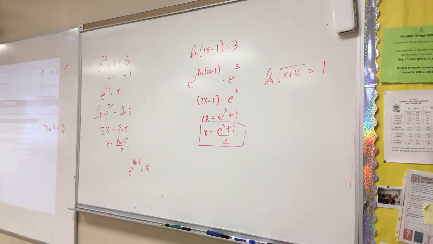Remember, e and natural log have to be next to each other for you to cancel, okay? Actually, think of two different ways to do it.